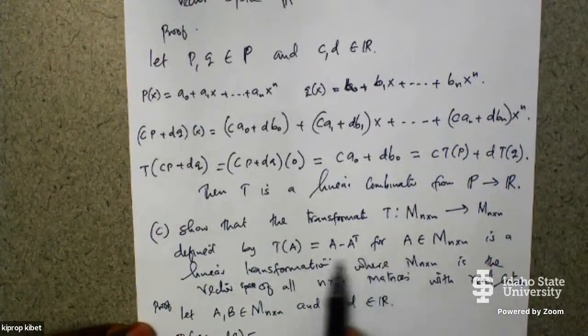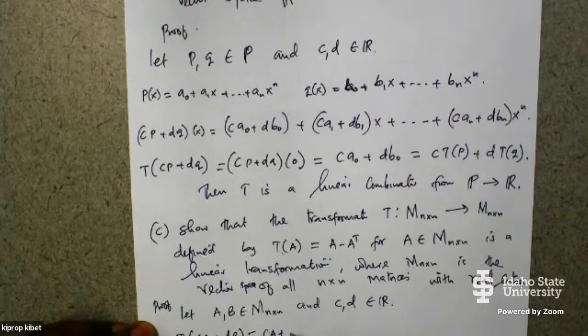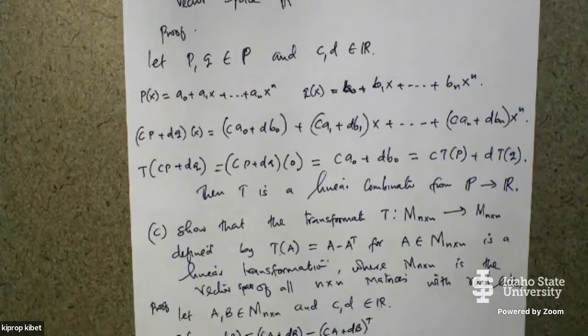so when you transform this, we say here T of A is the same as A minus A transpose. So T of cA plus dB is now the same as cA plus dB minus, cA plus dB, and then transpose.